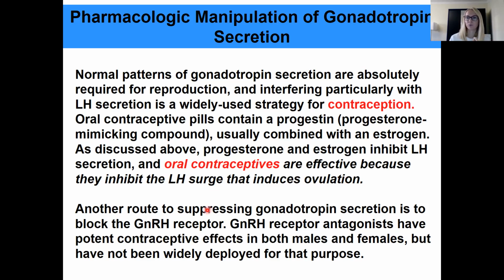As we discussed above, progesterone and estrogen inhibit luteinizing hormone secretion, and these oral contraceptives are effective because they inhibit luteinizing hormone, and as a result, ovulation is suppressed. And if there is no ovulation, then there is no pregnancy. So this is the general idea of oral contraception: to inhibit ovulation by inhibiting luteinizing hormone.